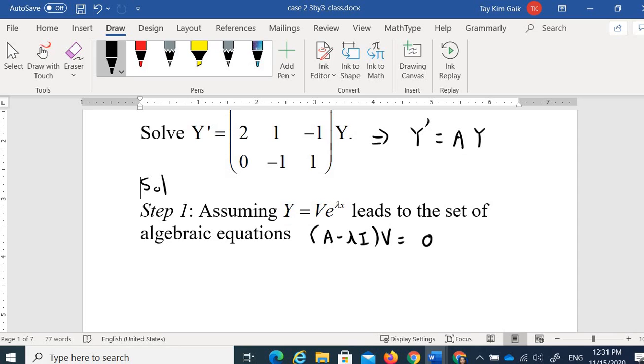So the A is actually 1, 1, 1, 2, 1, negative 1, 0, negative 1, 1, minus lambda times I, the identity matrix.